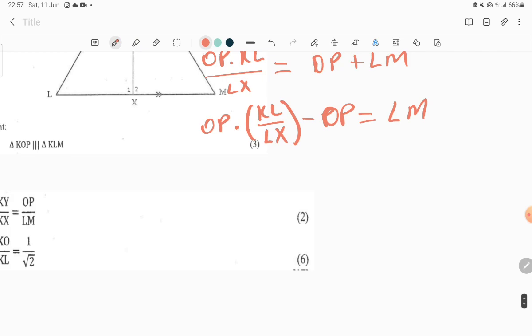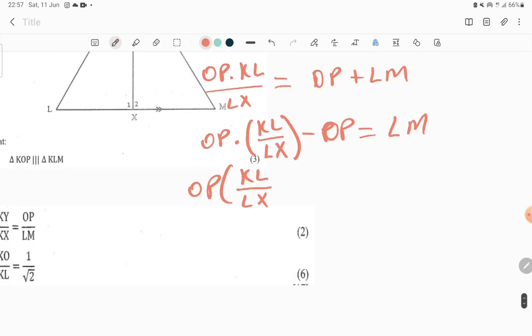Now what are we having? We have OP that we can take as a common factor. Then taking OP, we'll be having KL over LX.